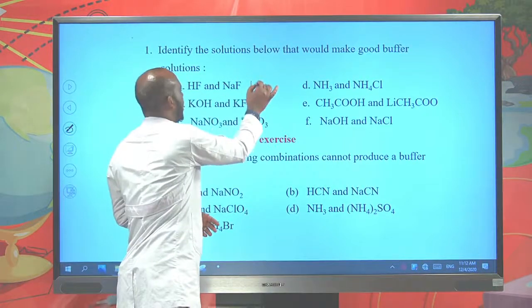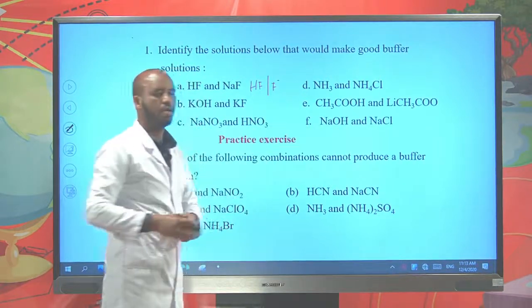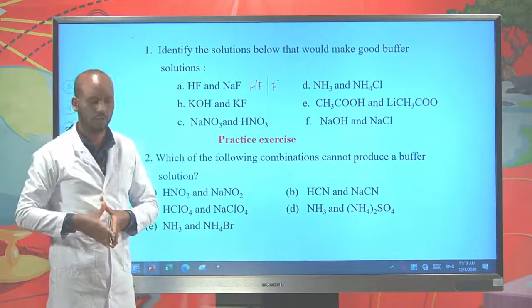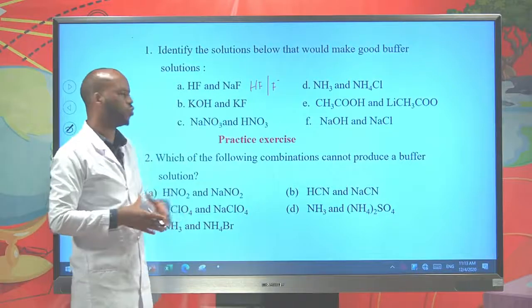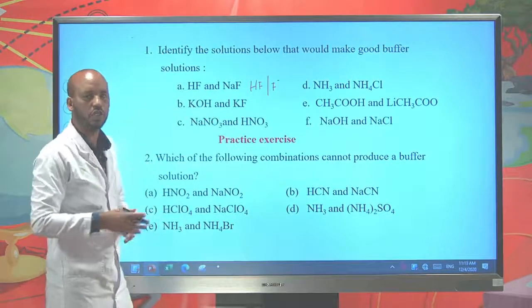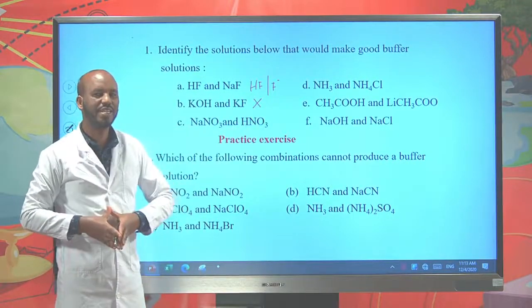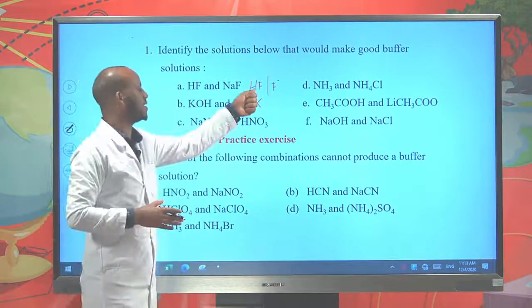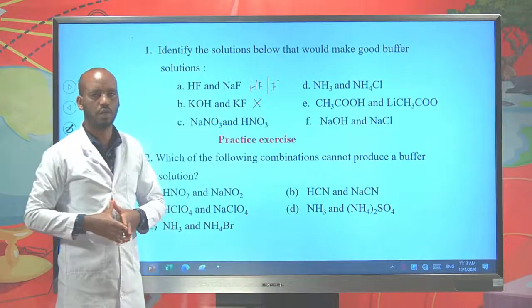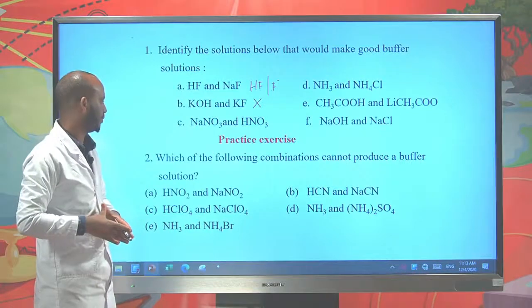Therefore, HF and its conjugate base, F minus, make a buffer solution, which is an acidic buffer solution. Potassium hydroxide and KF, this is not a buffer solution because a buffer solution contains either a weak acid and its conjugate base, or a weak base and its conjugate acid.